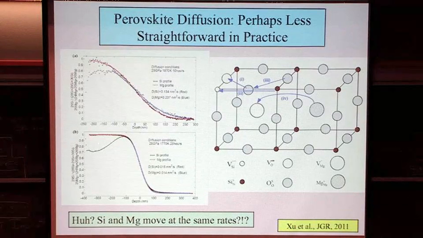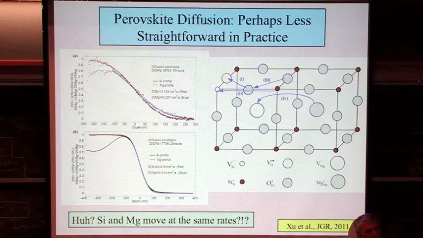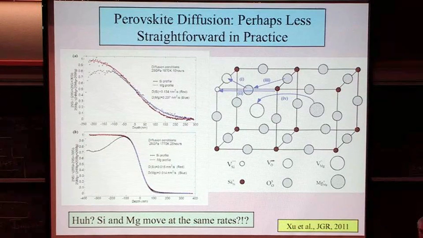The remarkable thing about this is that, from this work, silicon and magnesium move at the same rate. That's a really weird result. And it's a weird result because you loosely expect a 4+ cation to be bound tighter than a 2+ cation. That's the simplest possible chemical bonding in this world. And yet they seem to be moving at the same rate.